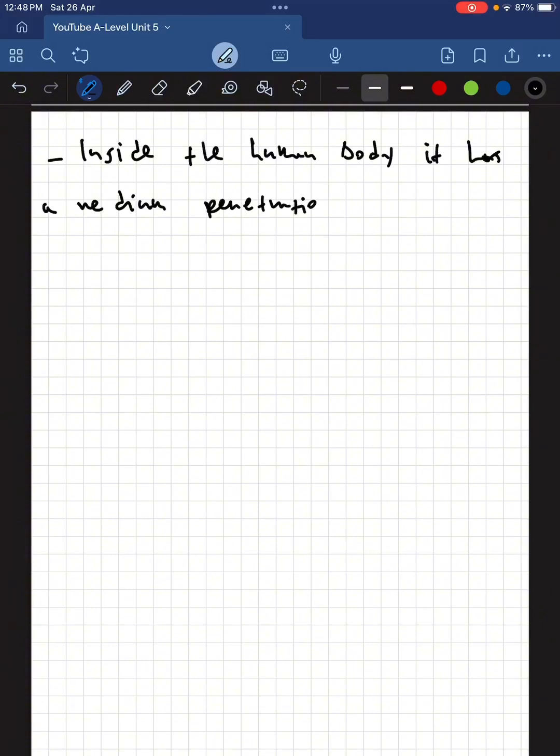Now, about beta radiation inside the body, let's start with that, inside the human body, and I guess any other animal's body, it has a medium penetration and ionization, but still, it's not something good to have inside you.